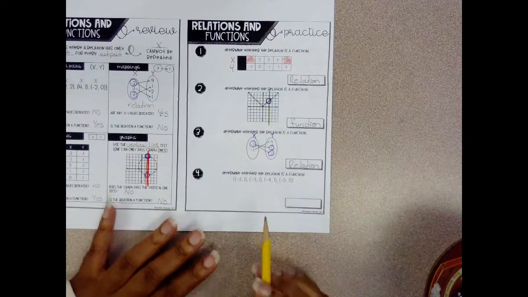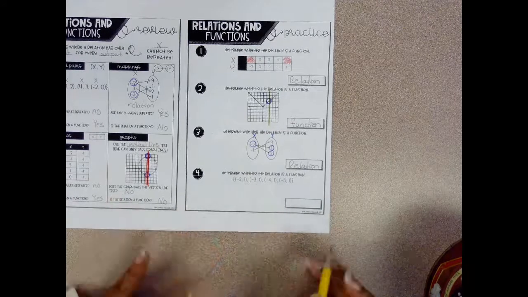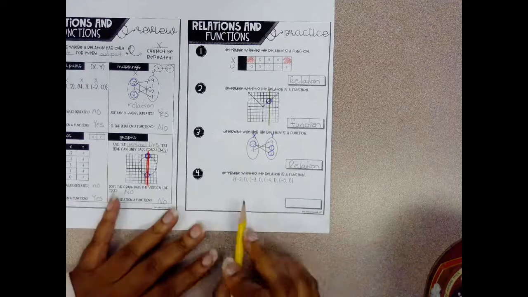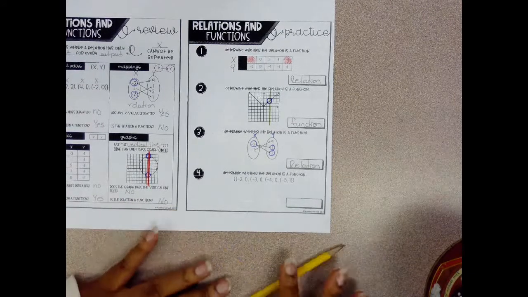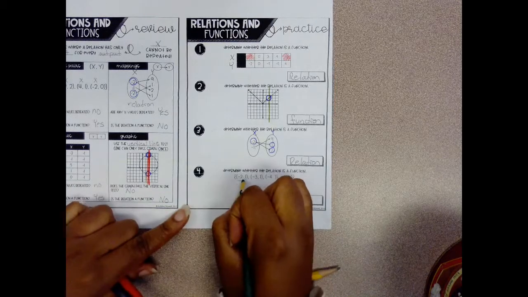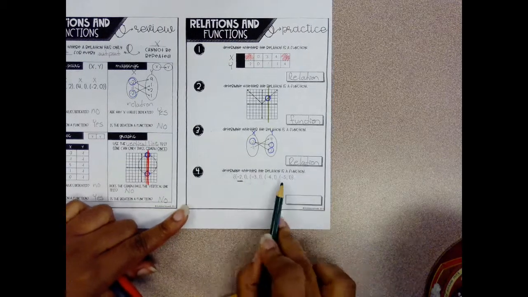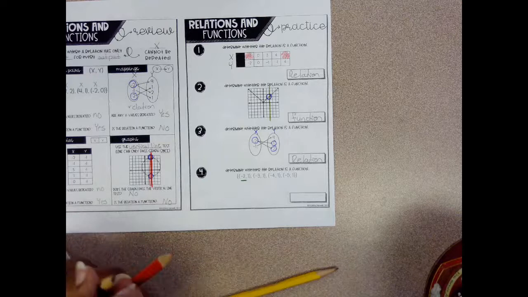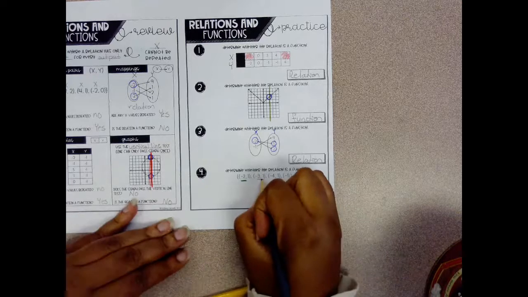And then last, here I have a set of ordered pairs. So let me see. I'm going to use some colors to help me to determine whether or not I have the same or different x values in my set. I'm going to use this color to represent -2. I don't have any other -2s. I'm going to use this color to represent -3.